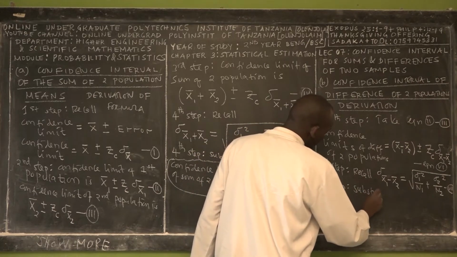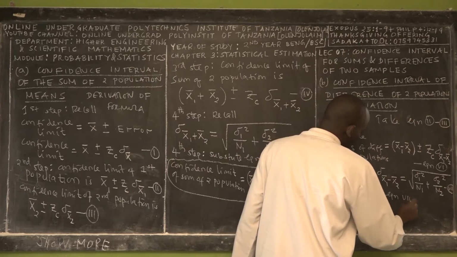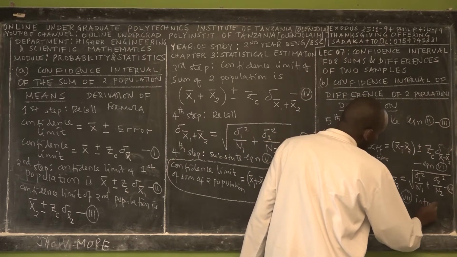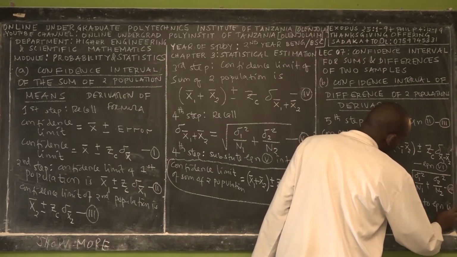So the seventh step, substitute equation 7 into equation 6.